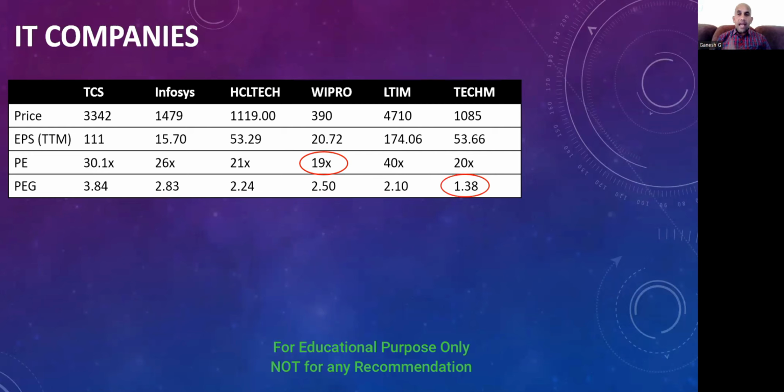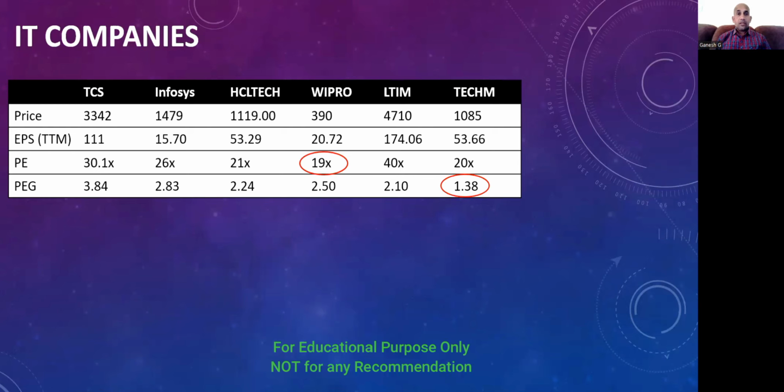So if you add the PEG ratio along with the PE to choose a company, we will get much better value, because PEG tells us at what rate this company is likely to grow better, and which company is lower value and is going to outperform in upcoming years. That is why PEG ratio is a very critical indicator for us to choose a better stock.